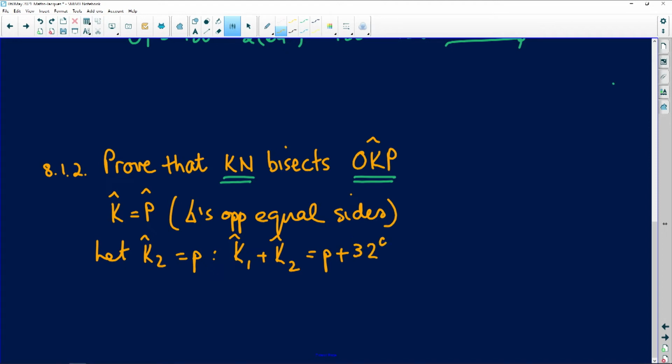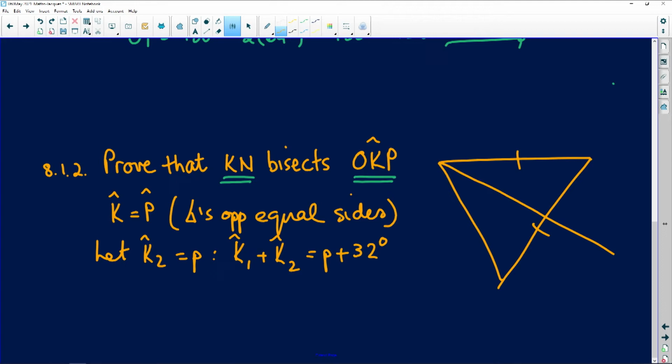Okay, so now let's just draw that triangle that we had here, so we don't have to go back all the time. We had our radii, and we had this line which we want to prove. We've got that given as 32 degrees. We just made that P. We know this whole angle there is equal to the whole complete angle here, and there we had 64 degrees and 64 degrees. Now remember, this part here is a straight line.